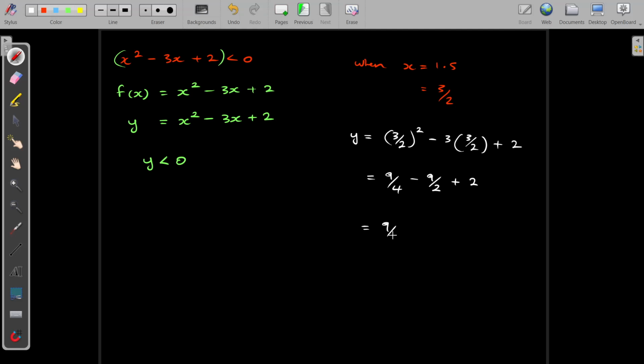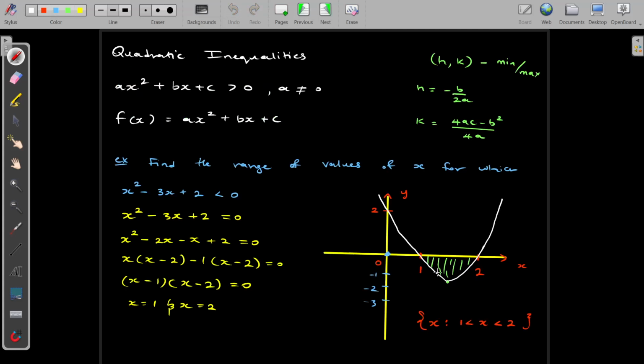So that's 9 over 4 minus 18 over 4 plus 8 over 4. So that's negative 1 over 4. So this is a negative y value. So any x value we select in this region, we're going to get a negative y value for that. That's what this is saying to us. So let's look at one where we're looking for a positive region.